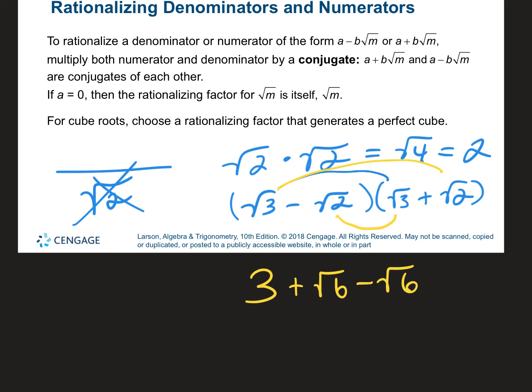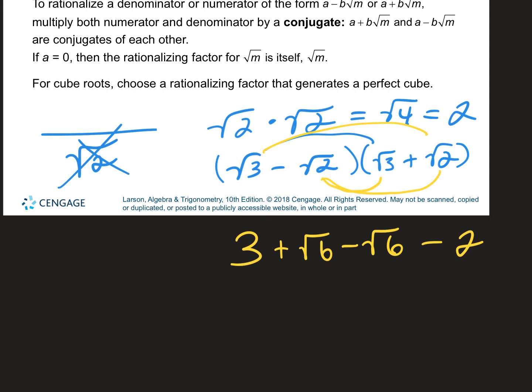And then what's negative square root of 2 times positive square root of 2? Negative 2. So when you combine this, guys, what happens with a positive square root of 6 and a negative square root of 6? It cancels out. So what's 3 minus 2? 1. When you multiply by the conjugate, what you're going to do is get rid of the radicals. That's why you do it. And if there's a radical in the denominator, you would just multiply by that. And we're going to do some of those right now.